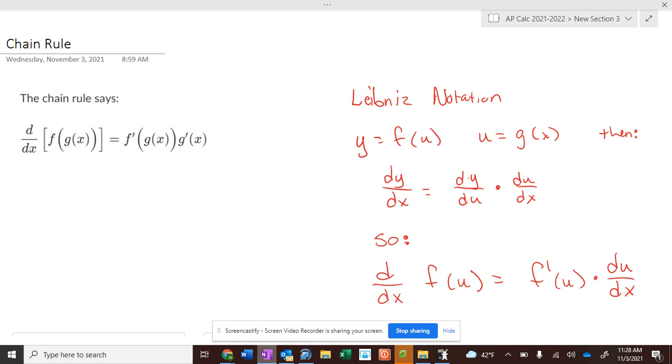I learned Leibniz notation, so I will revert to that more than I do this. But when we do second semester, when we do integration, it's Leibniz stuff. So the u's and the du's are going to be heavily involved in that.